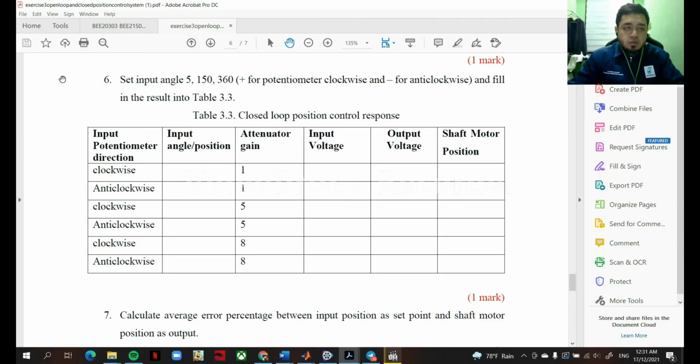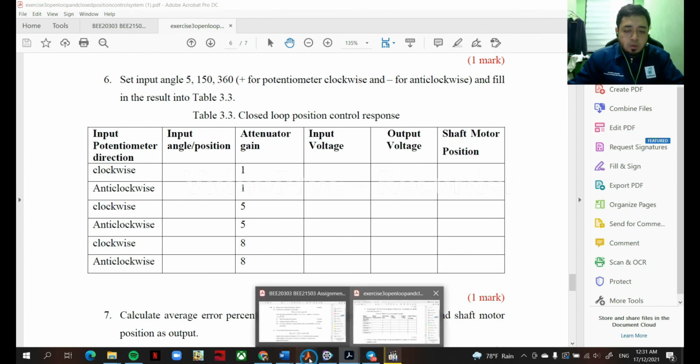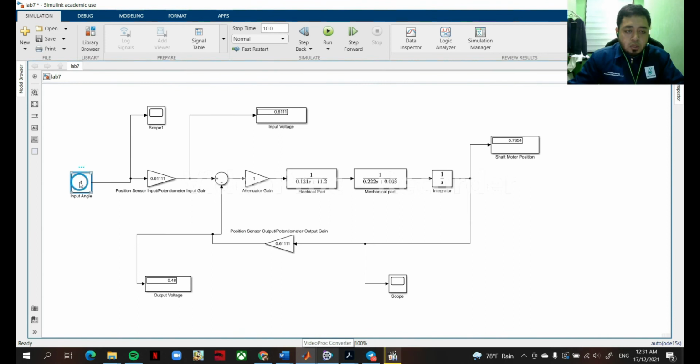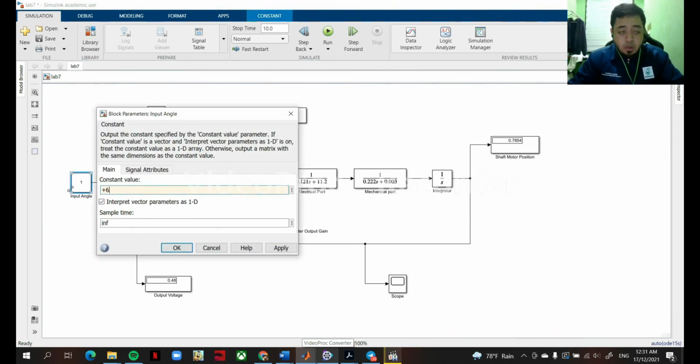For step number 6, we need to set the input angle 5 to 160, positive for potentiometer clockwise and negative for anti-clockwise, and completely stable. For this step, we need to follow the rules: if clockwise, for the input angle position we need to put positive 5 in this input angle, enter.